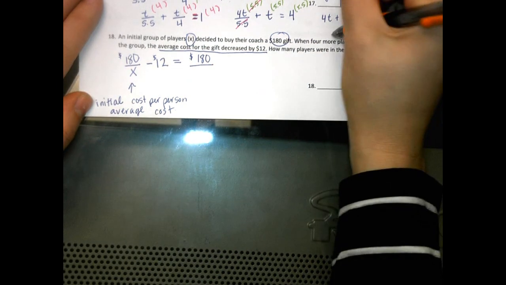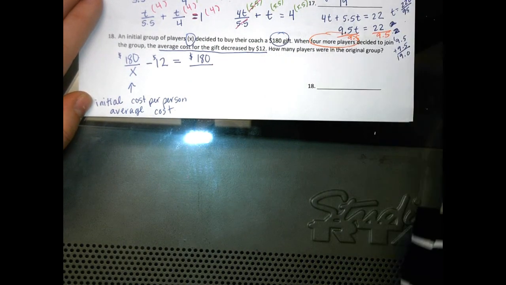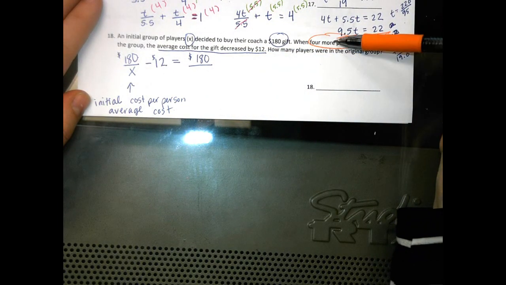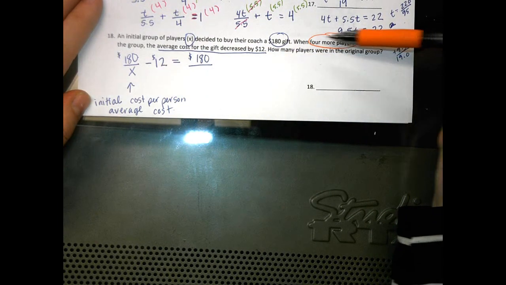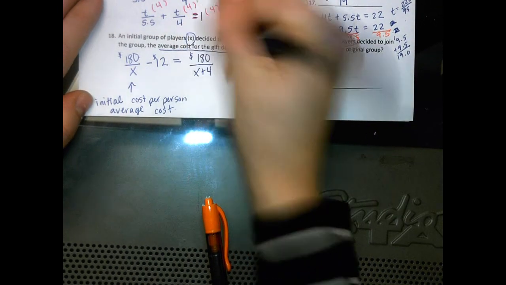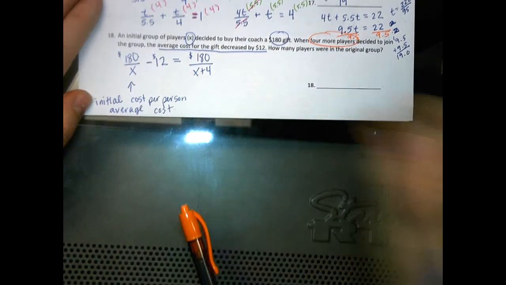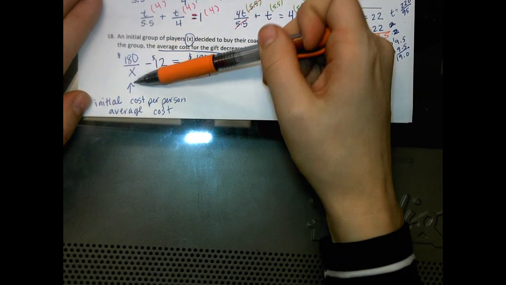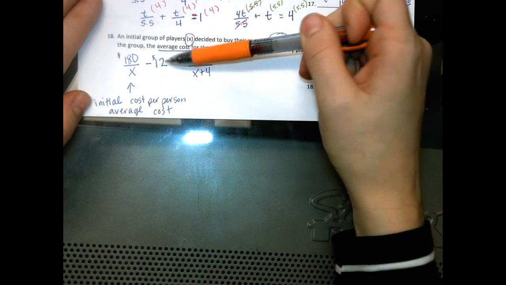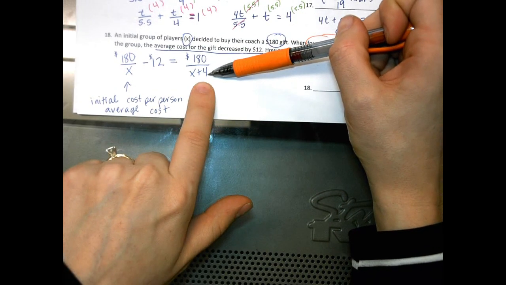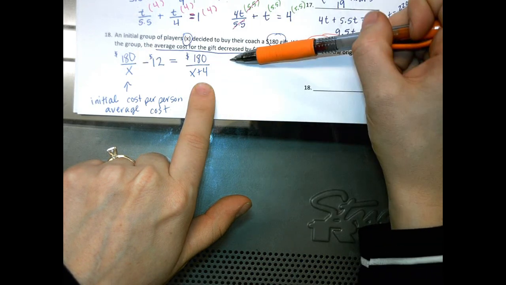X plus 4. So we had an initial group of X, and now 4 more people, so X plus 4. That means 4 more people than what we originally had. So the average cost per person decreases by 12, and you have a new average cost for a new amount of people. That's what this means. Questions about setting this up?